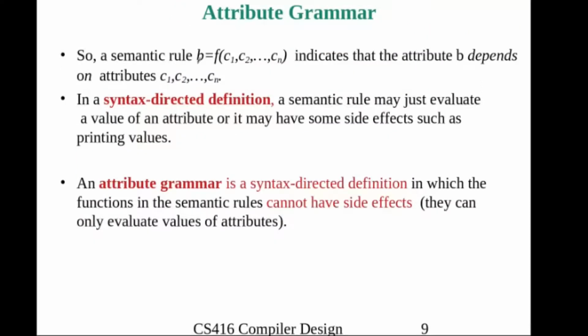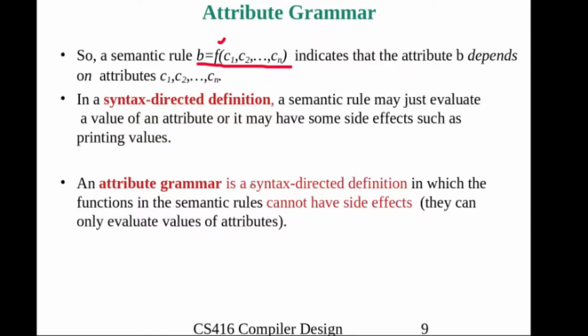A semantic rule is of the form, usually we will write B is equal to f of C1, C2, etc. Cn, indicating the attribute B depends on the attributes C1, C2, etc. Cn. The dependency is defined by f, and in the syntax-directed definition, the semantic rule may just evaluate the value of the attribute, or it may have some side effects such as printing a value. And what is an attribute grammar?